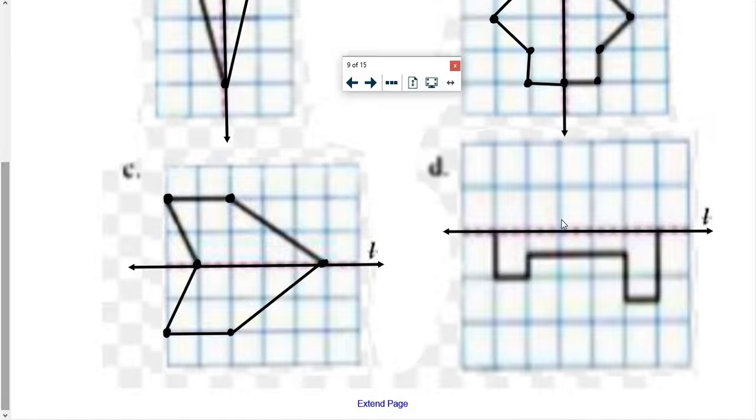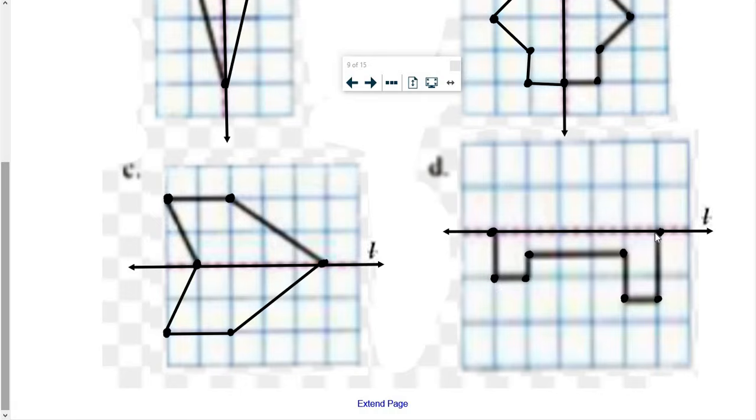Complete this part, whereby this line you see here, marked L, is the line of symmetry. Step number 1, identify the corners which make up this half.